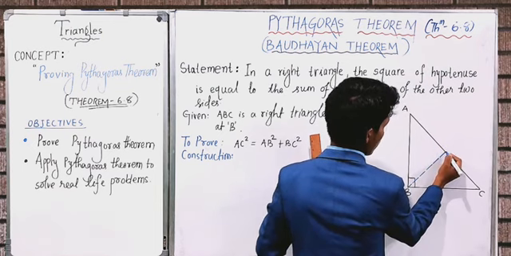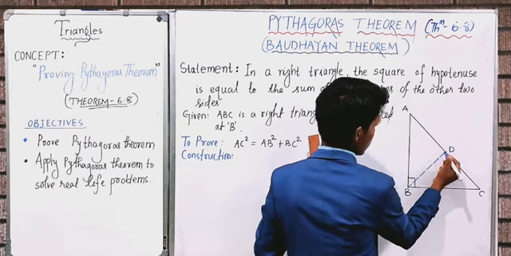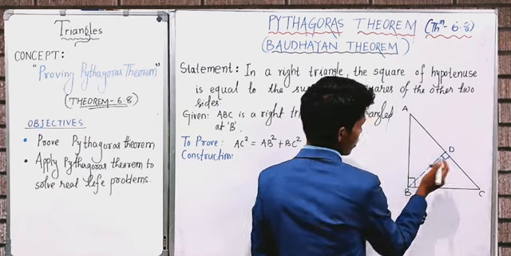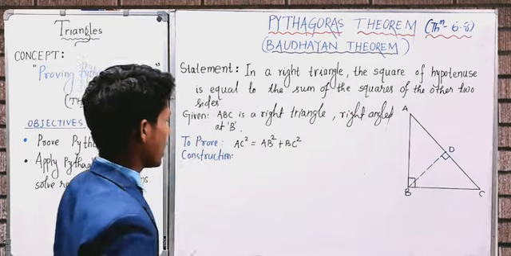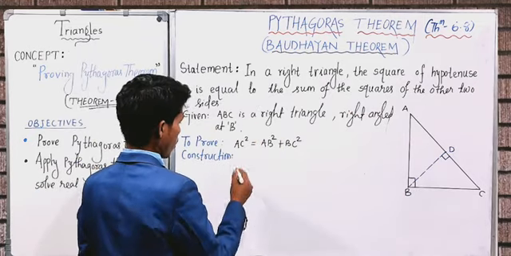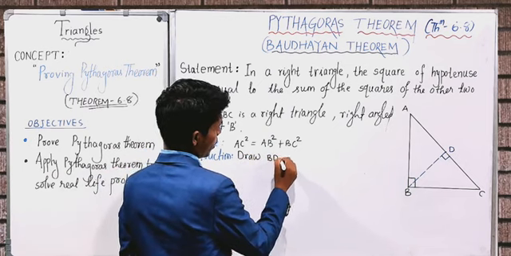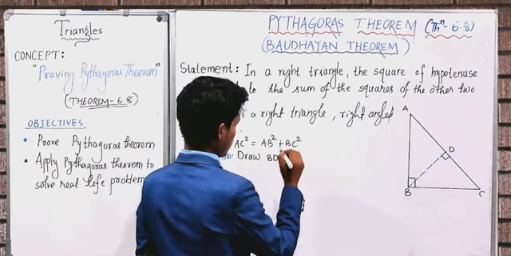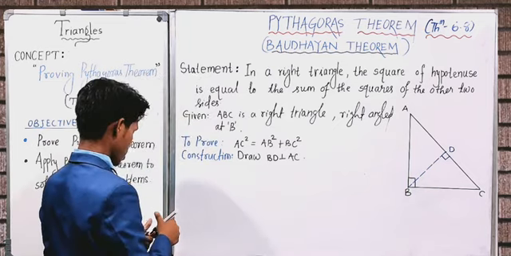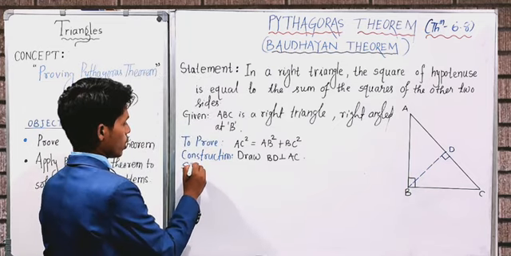Okay, now a perpendicular is drawn, that is BD, from B to AC. So we will write that, draw BD perpendicular to AC. Okay, now let's move to the solution or proof, you can say.